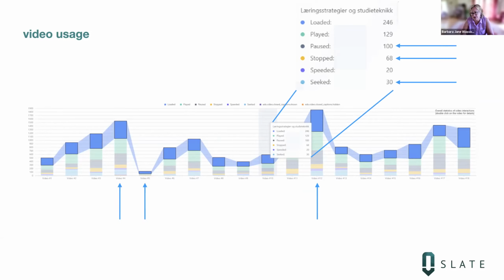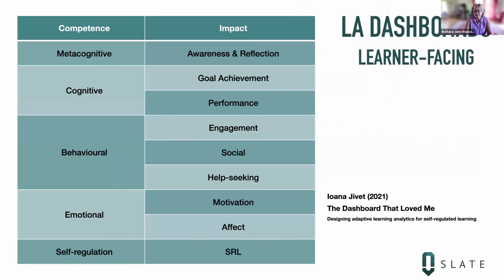And maybe you can look at the video and find out, okay, here seems to be a concept people are going back to, or they're stopping at, or whatever. It can help you try to understand the use of the videos that you prepared. And here, maybe you'll decide video 5, there's something really wrong with that video. Maybe we take it out of the curriculum. So then it's helping you with the learning design of your course.